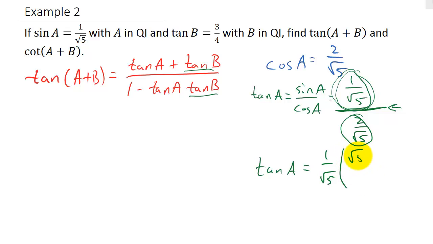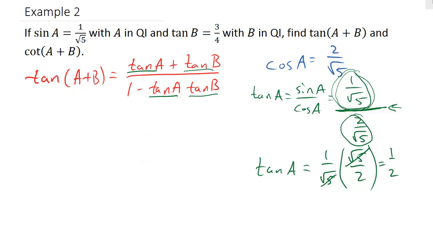So that's going to be square root of 5 over 2. And you see, it really didn't make a difference. The square root of 5's cancel out, and so I'm left with tangent A is equal to 1/2. Alright, so now look at this. I have tangent A, I have tangent B. So I have my values to plug into everything.